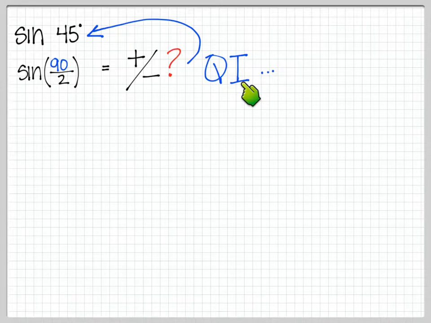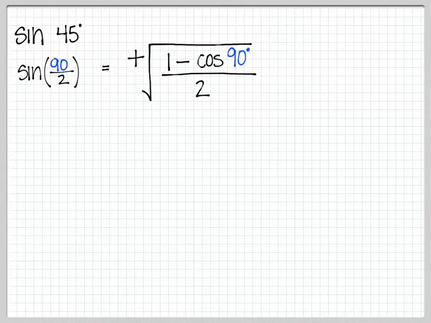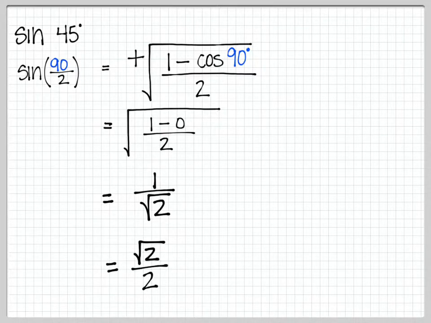And since it's in quadrant 1, we know that sine is positive. So we only want the positive square root. We do not want the negative square root. So we want the positive square root of 1 minus cosine of 90 divided by 2. Cosine of 90 is 0, so we get 1 over 2. Well, it's the square root of that, which we can rationalize our denominator, and then we have our root 2 over 2.